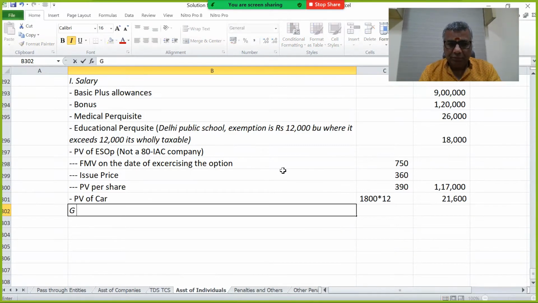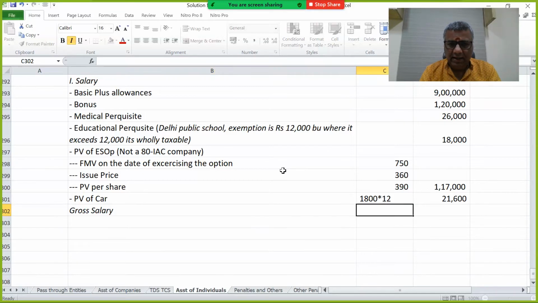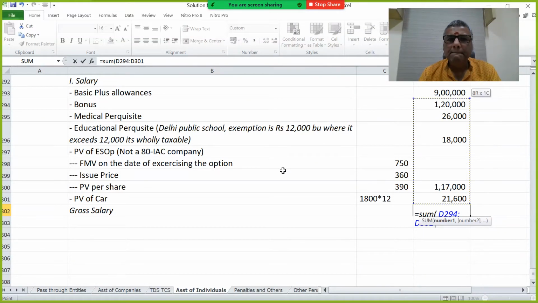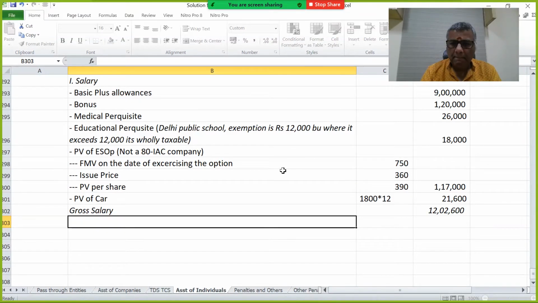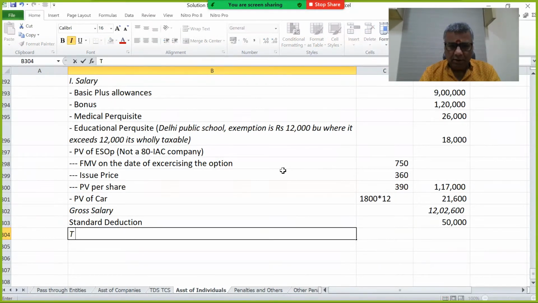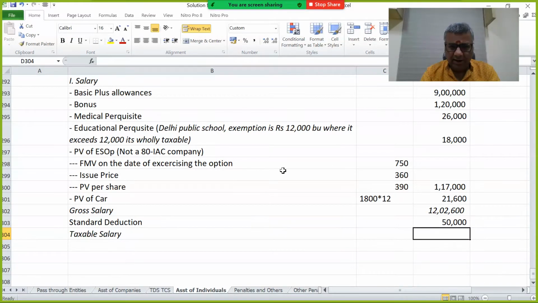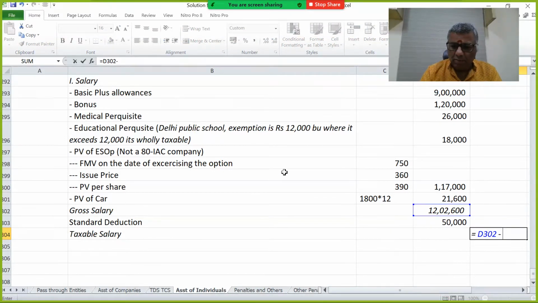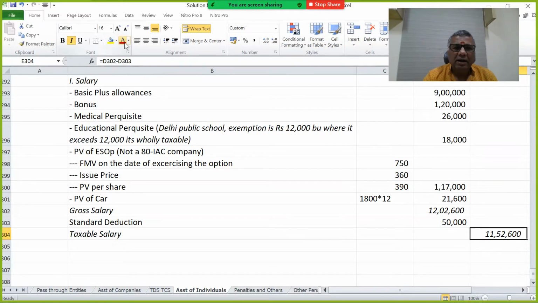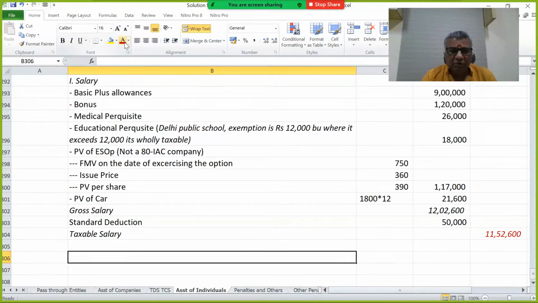Okay, gross salary, standard deduction. Okay, taxable salary is 12 lakh 2,600 minus 50,000. Taxable salary 11 lakh 52,600.